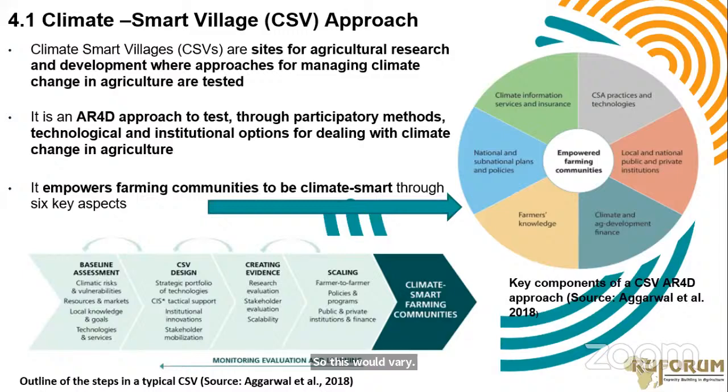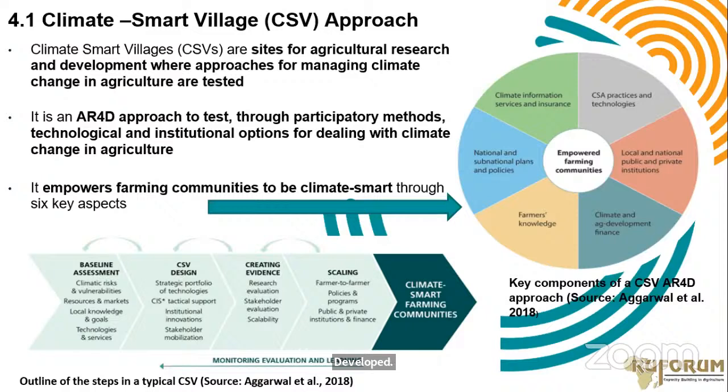So after that, it's very, very important to base the interventions on evidence. So there's the bit on creating empirical research, then that also helps to make adjustments and to inform the process all along. After all that is done, then what remains is to roll out or scale such kind of technologies developed at the climate smart village.